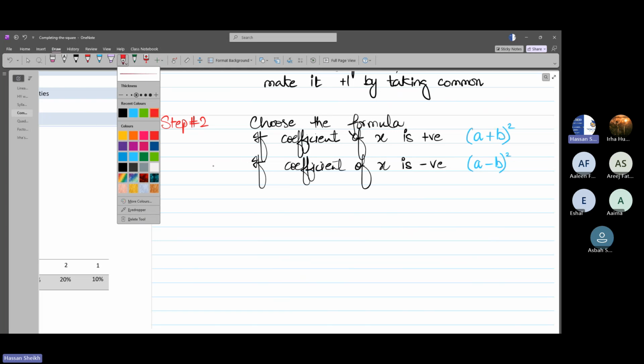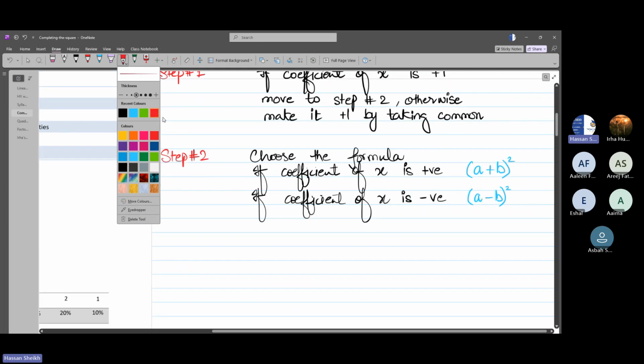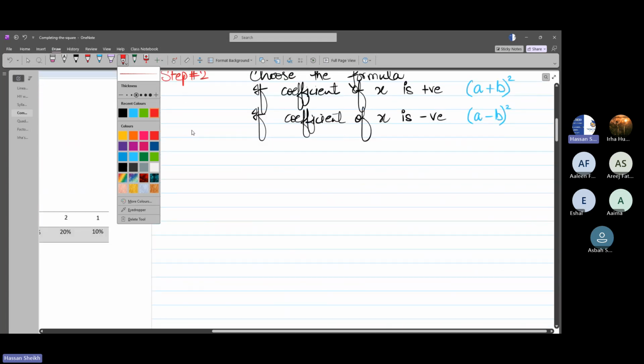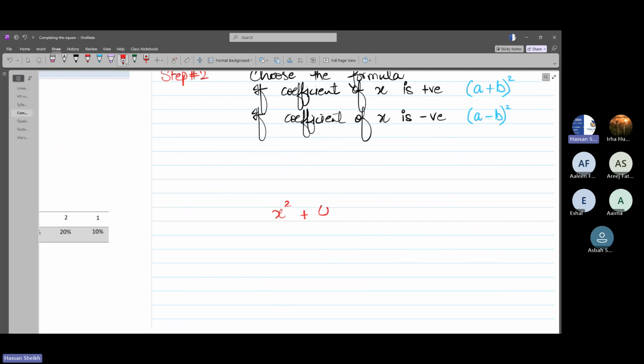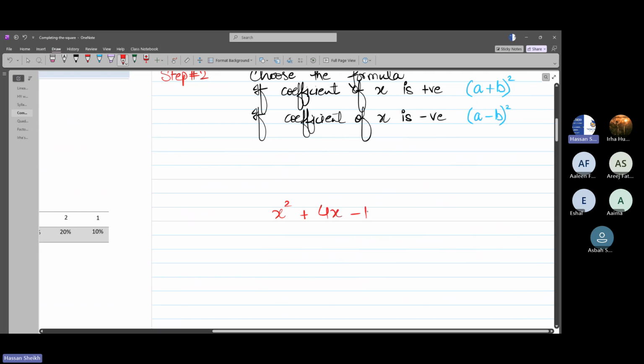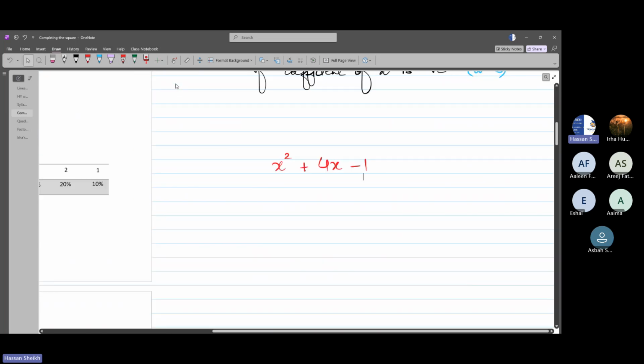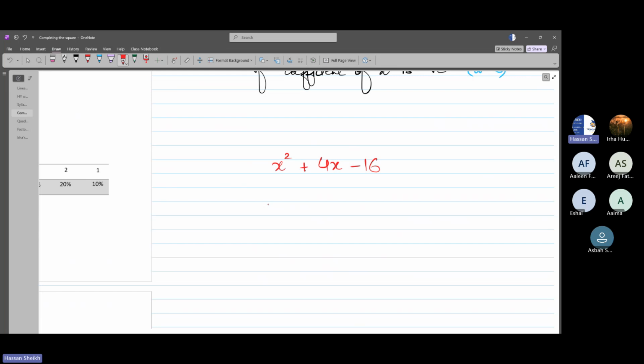The given equation, let me write it again: x square plus 4x minus 16. Is that minus 16? Yeah. Now we need to apply the completing the square method. So after step 2, we get to know that we will use the (a plus b) whole square expansion.